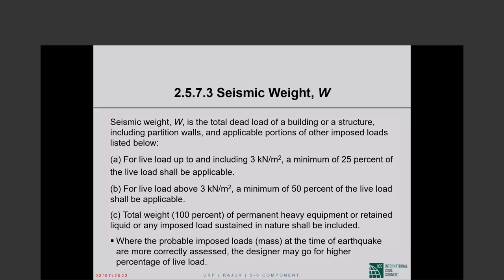So I don't know. There is a significant preoccupation with live loads that I do not understand. As you saw, in ASCE 7, we include 25% of the live load for storage facilities, and that's it. Here, it is 25% of everything, 50% of all occupancies with more than 60 pounds per square foot. And then it says you will do even higher.